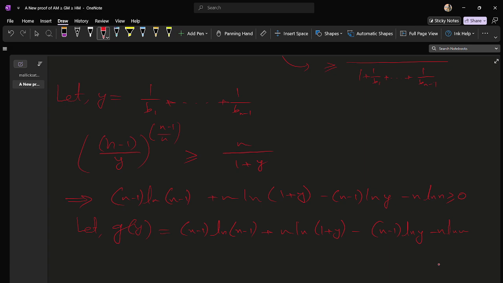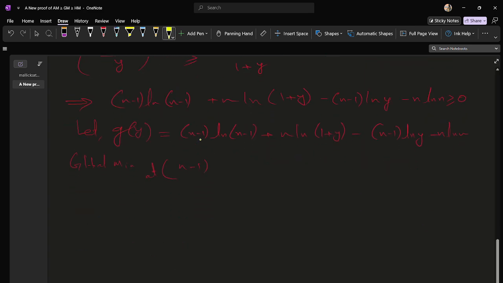It is a routine matter to show that g(y) has a global minimum at n minus 1. I have told you before what a global minimum is.